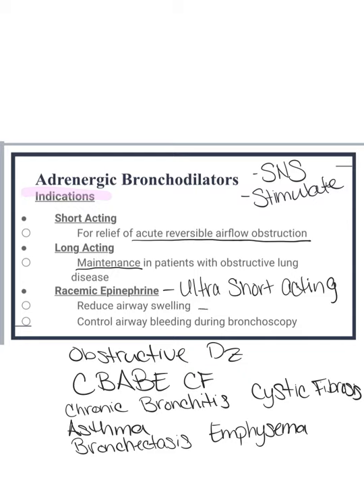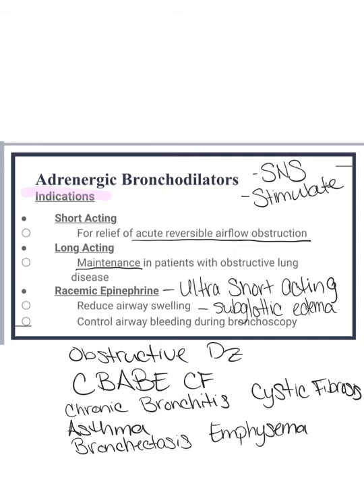So this would be maybe your patient who has subglottic edema. This can be caused after you extubate a patient and they have inflammation and they may have stridor.